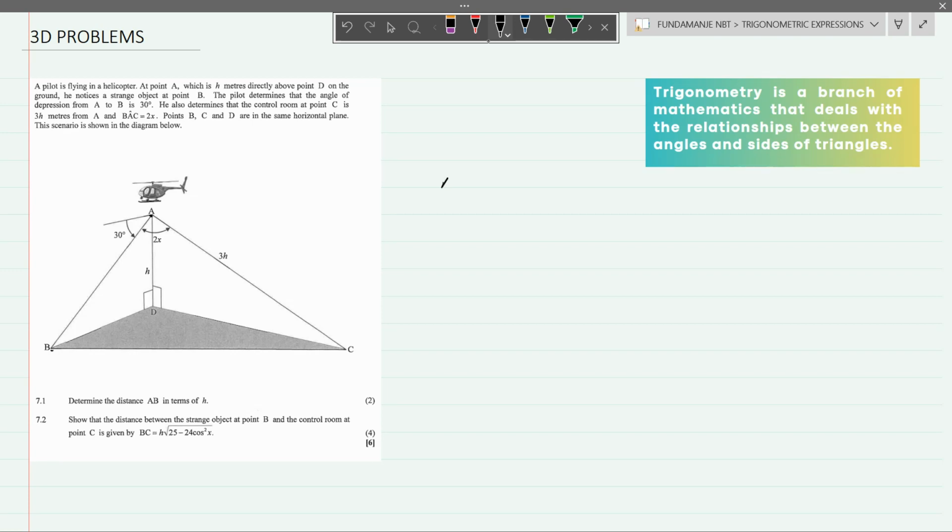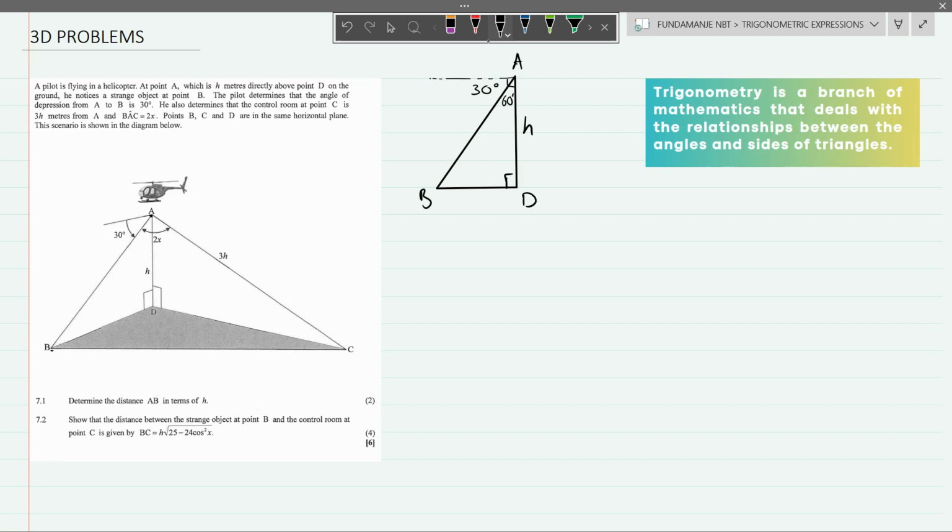If we redraw this triangle, which is something that usually helps, redrawing the plane that triangle is in, we see that this is A, that is B, and that can be considered D or C depending on how you're looking at it, but that's point D. Then this height over here, AD, is h, and we are also told that the angle of depression from A to B is 30 degrees. Therefore, that means that this is 60 degrees because this is a 90-degree angle.